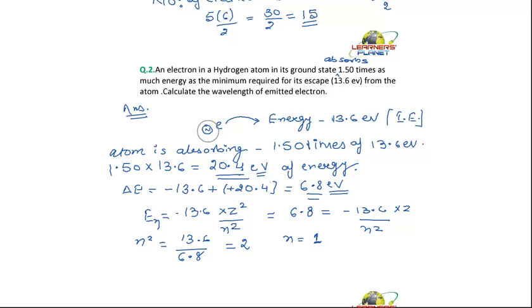Or students, we can do it without finding out the number of the energy level. What we can do is, we have got delta E here. So what is your delta E? Your delta E is 6.8. I'm going a bit lengthy, I don't want to tell you this lengthy procedure.